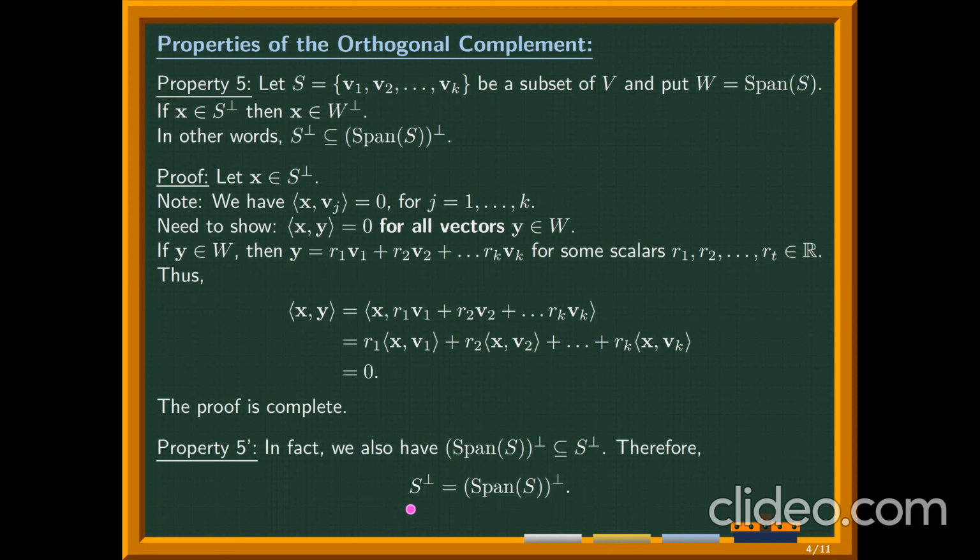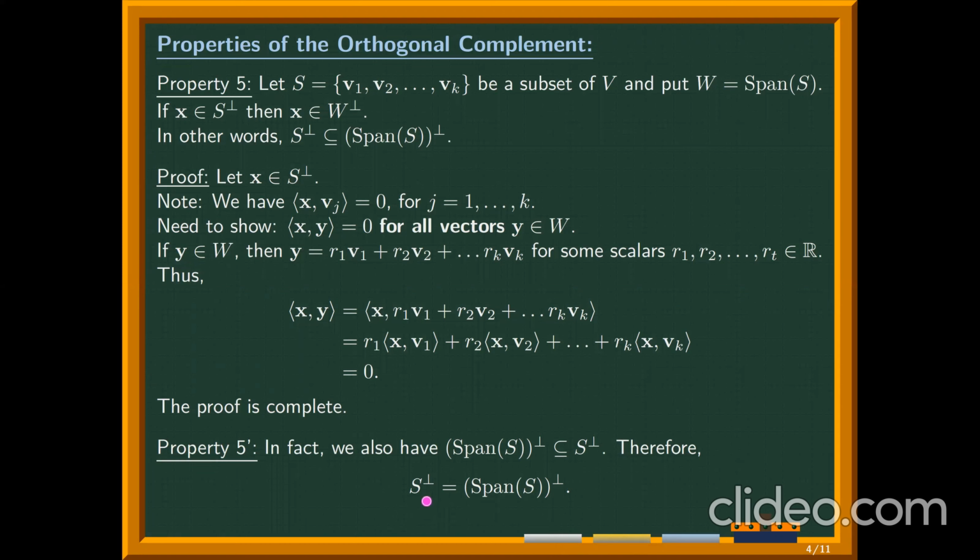And this is a nice result because it tells us that in order to determine the orthogonal complement of a subspace of an inner product space, it's enough to find a basis for that subspace and determine the orthogonal complement of that basis.